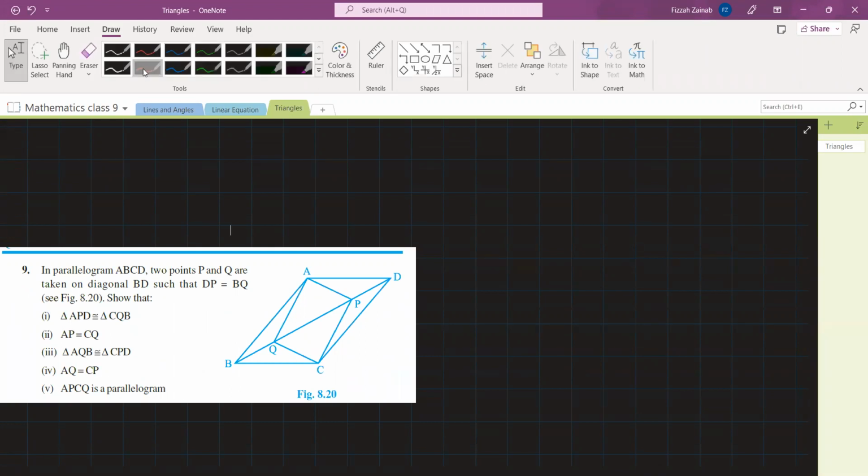Let us solve it now. In a parallelogram ABCD, so note down whatever is given. So ABCD is a parallelogram.